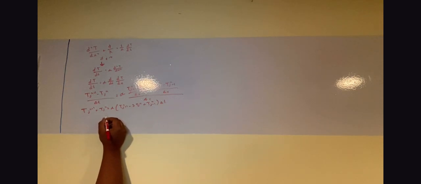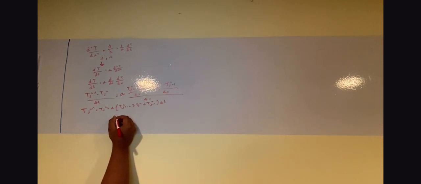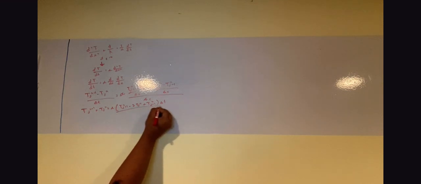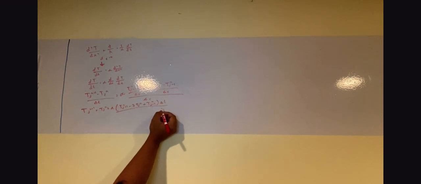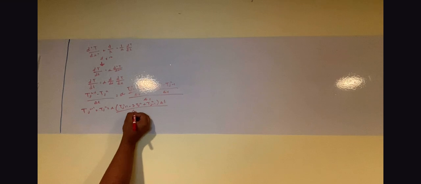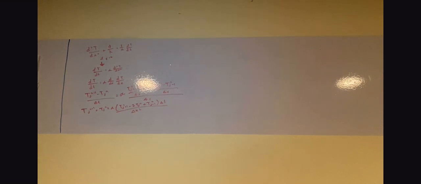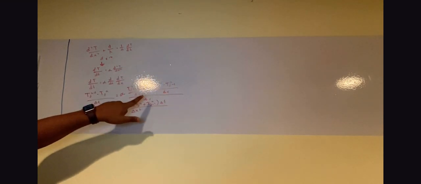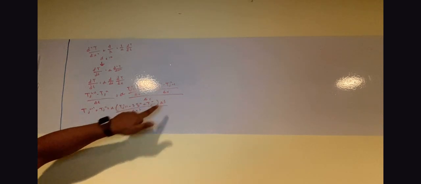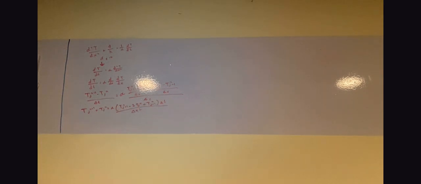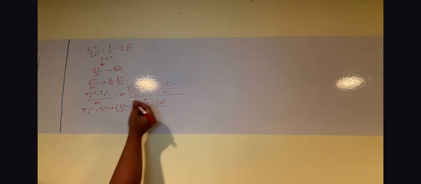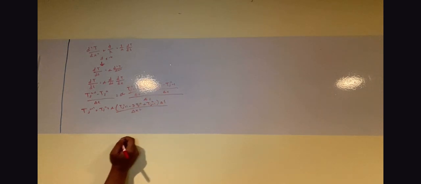And this expression right here will be all over change in x squared. Since we combine these two fractions, we have to multiply change in x times change in x, which is just change in x squared.